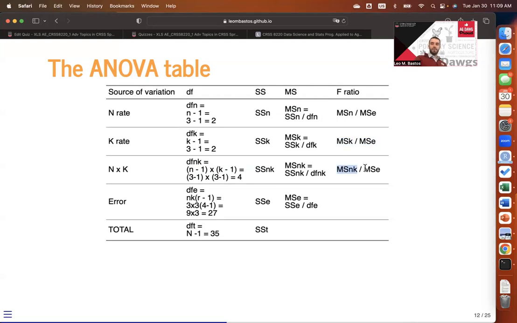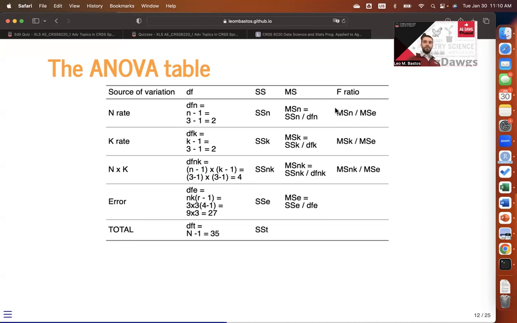Same for the interaction, being divided by the mean square of the error. What this is doing, and what I want you to get out of this, is that it is using the mean square of the error to test the effect of each one of these actual effects that you're interested in, right? So we're interested in nitrogen, potassium, their interaction. And I'm using the mean square of the error to test for them by doing this ratio with each one of them.